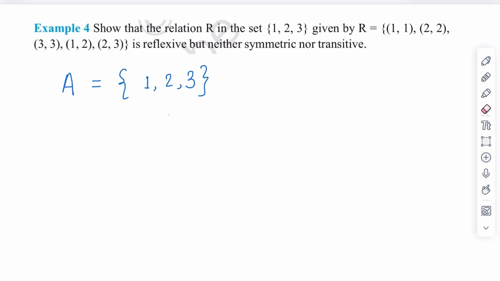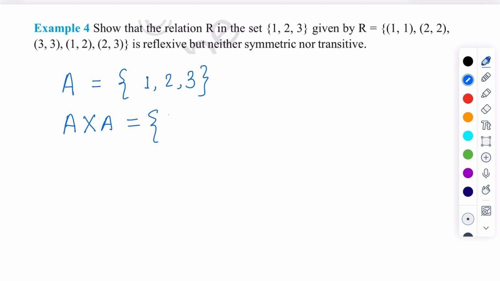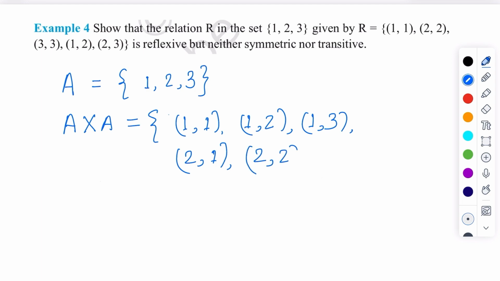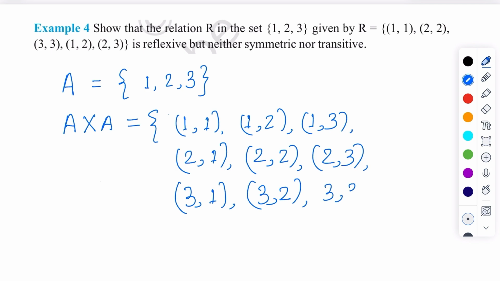That is A cross A. So this A cross A is given by (1,1), (1,2), (1,3), (2,1), (2,2), (2,3), (3,1), (3,2), and (3,3). So this is the Cartesian product, A cross A.